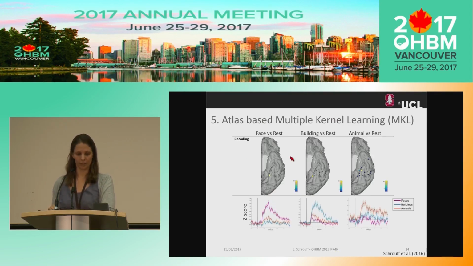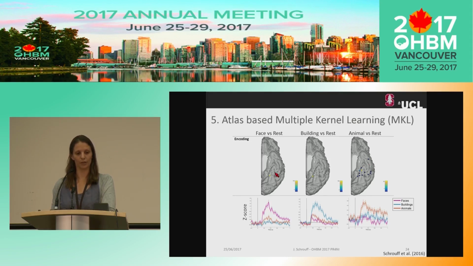One thing I'm mentioning here is something I've played with, especially with MKL. I'm not mentioning it with other techniques, but it doesn't mean that it doesn't apply to other techniques. I've played with intracranial EEG, and the signal to noise for intracranial EEG is actually pretty good when you're looking at high-frequency broadband activity.